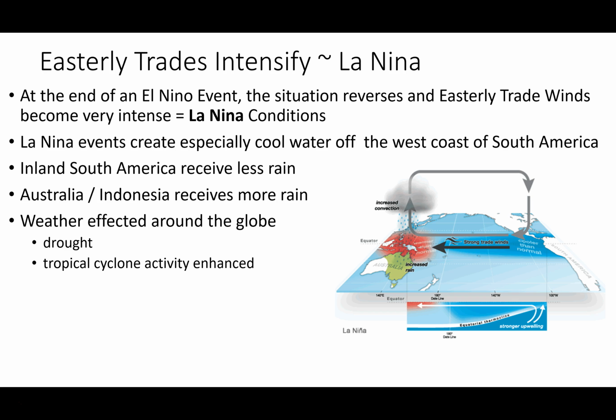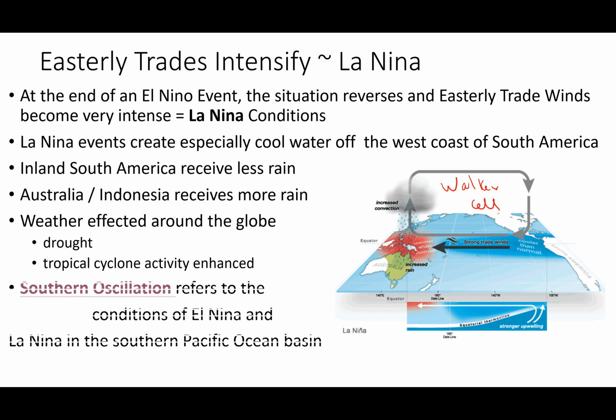This, by the way, this big cell here is sometimes called the Walker cell, W-A-L-K-E-R cell. Just focusing on that region, trade winds between the west coast of South America, Indonesia, and Australia.